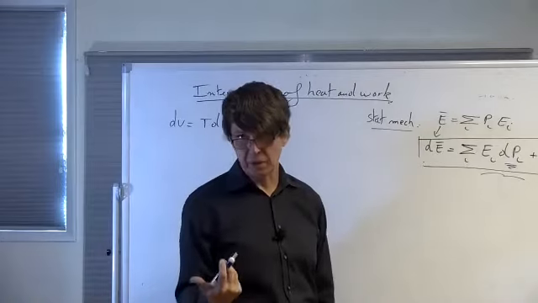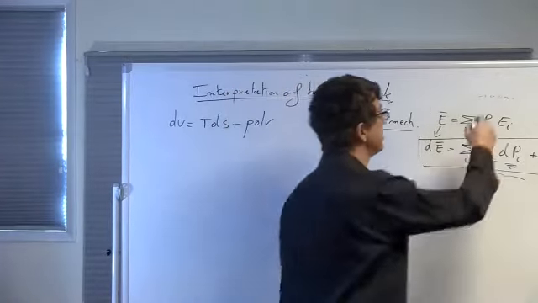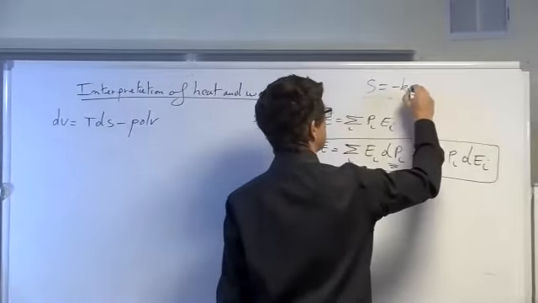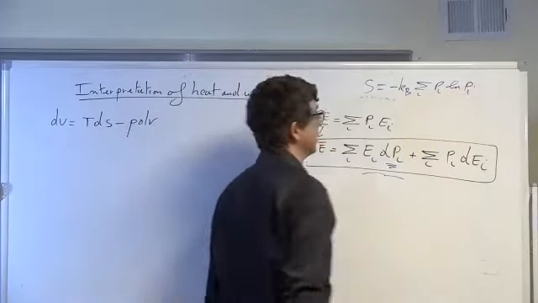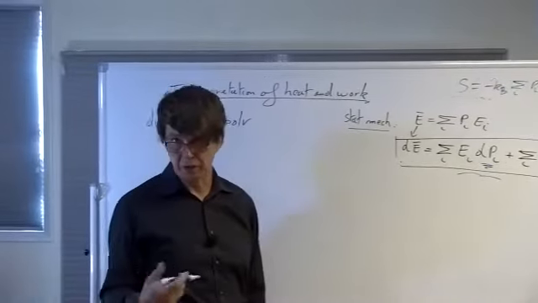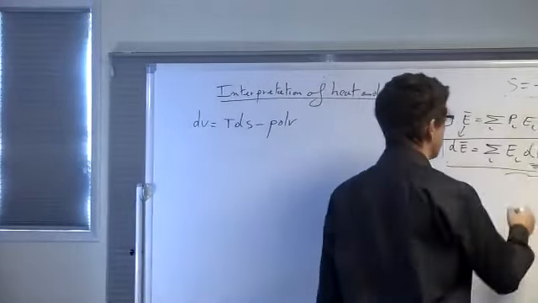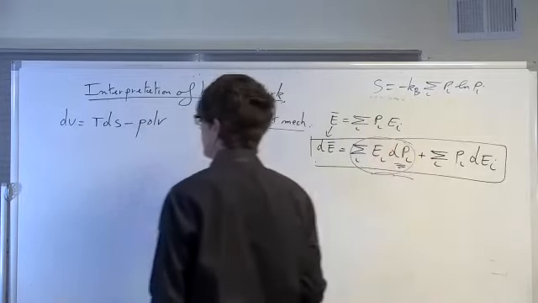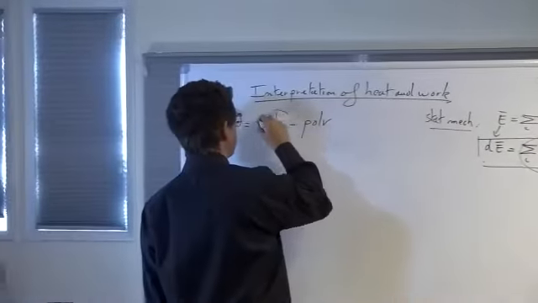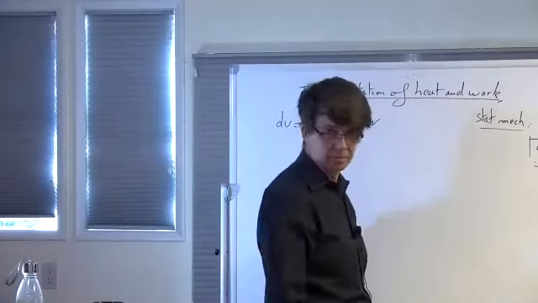So this is the one that changes the entropy, because the entropy S is minus KB sum over i of Pi log Pi. So if I change the distribution, I'm changing the entropy. So this term here really should be very related, if not the same as this term.